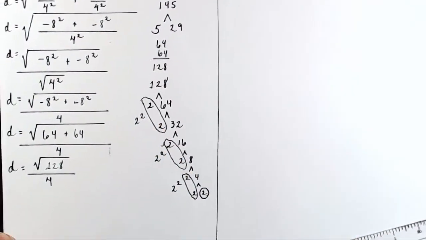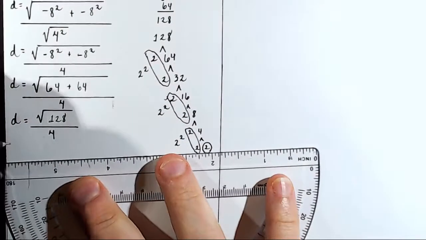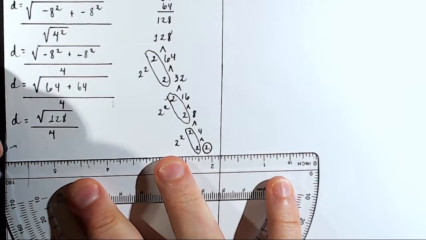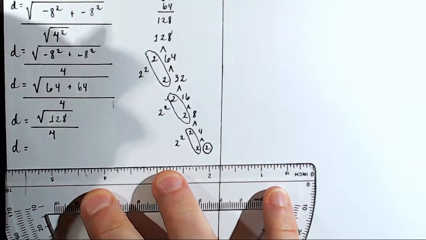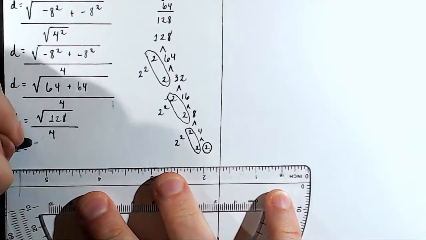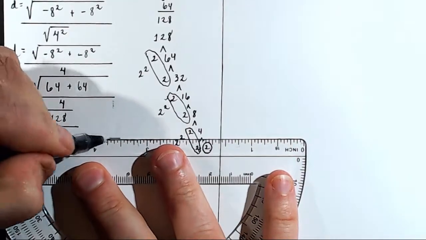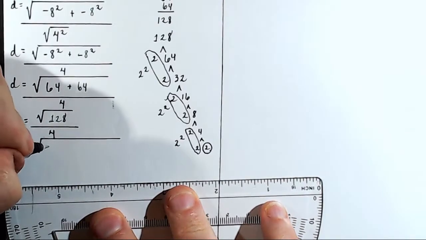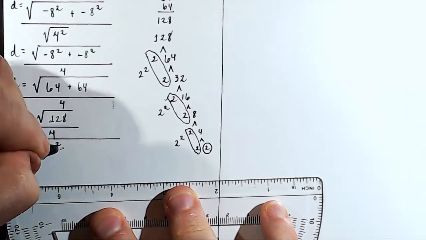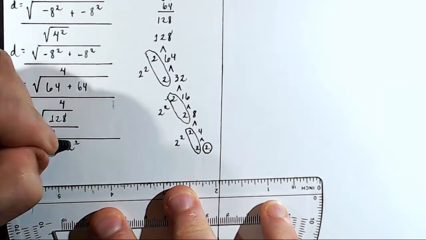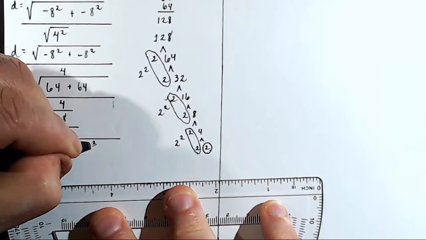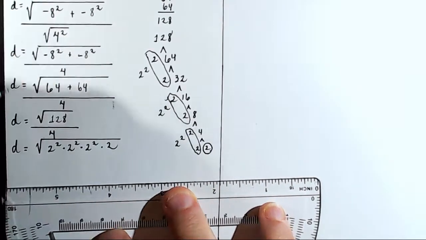So now I'll rewrite this numerator here as d equals the square root of 2 squared times 2 squared times 2 squared times 2.